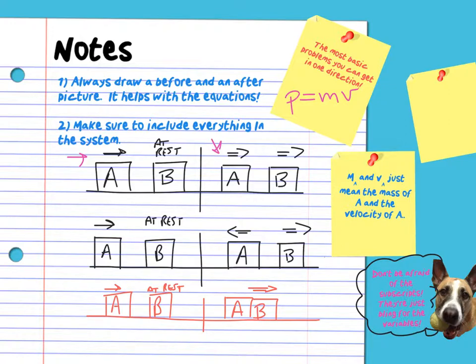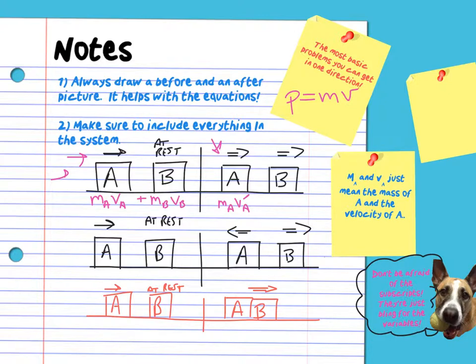If we are going to find the total momentum initially in our first situation, we would have the mass of A times the velocity of A, that's the momentum of A, plus the mass of B times the velocity of B. That is the momentum of B. Now, if we go to the after side, masses are still the same, so it's the mass of A times now the velocity of A, which is different because it hit B. In a lot of books, we put a little prime here.